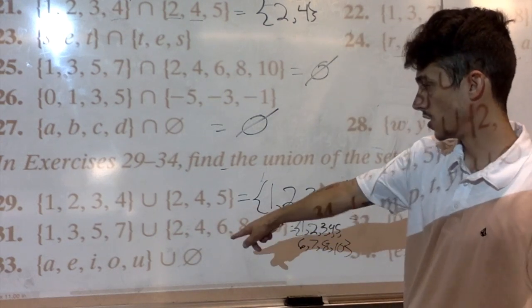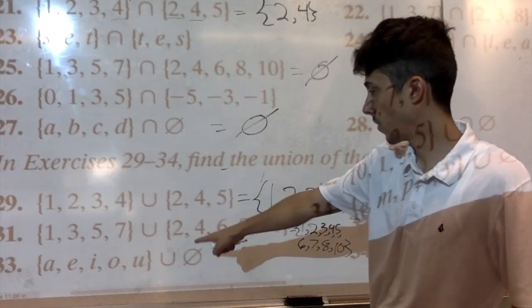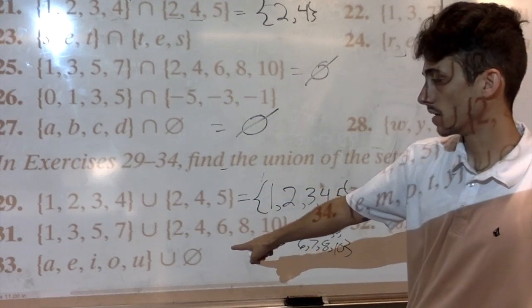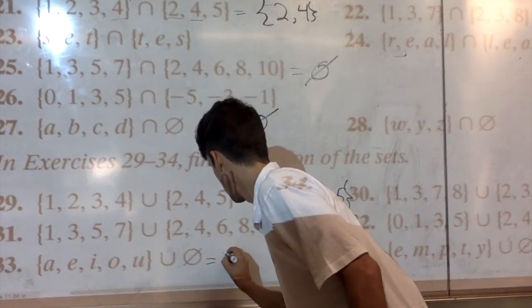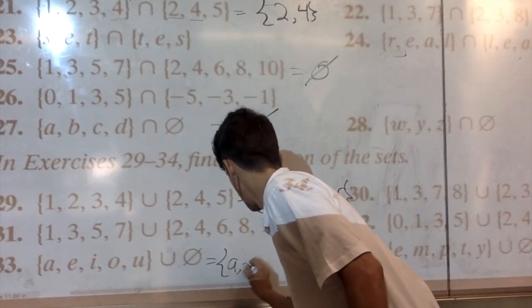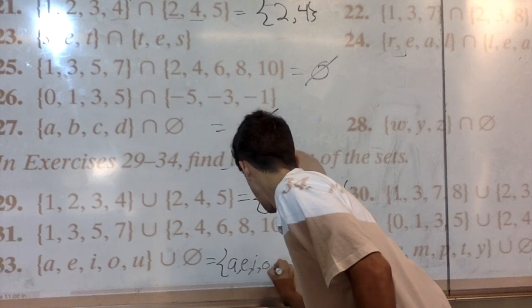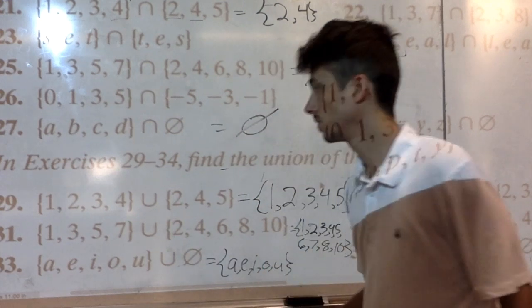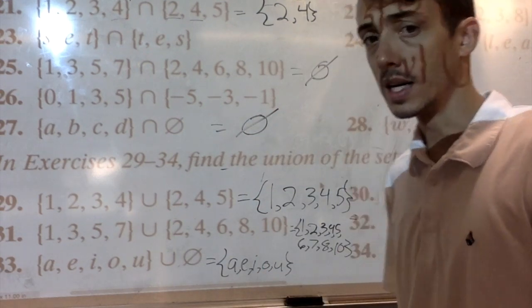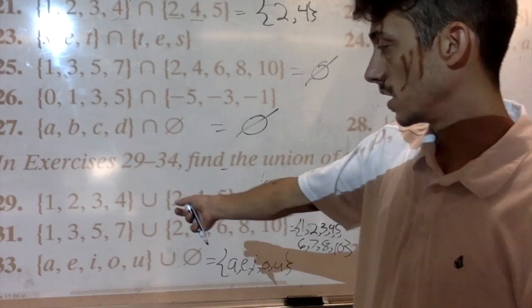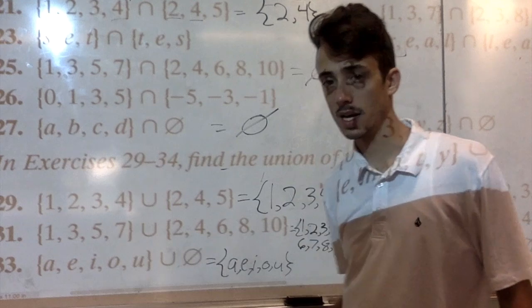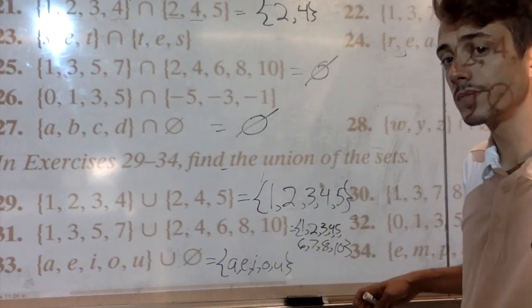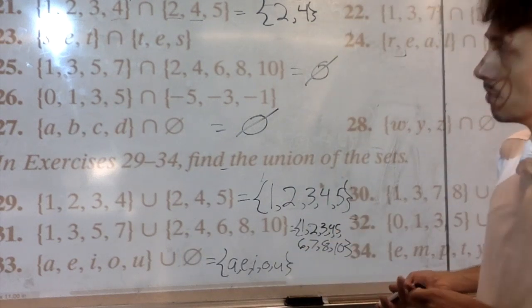And if we're finding the union of A, E, I, O, U, and nothing, that means we just have A, E, I, O, U. So nothing too crazy there. It seems odd that we're trying to unite nothing with 5 terms from the set, but that's totally fair game. So you just got to think these out and be careful.